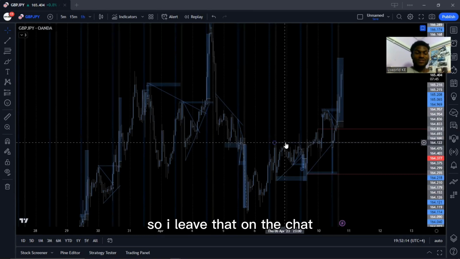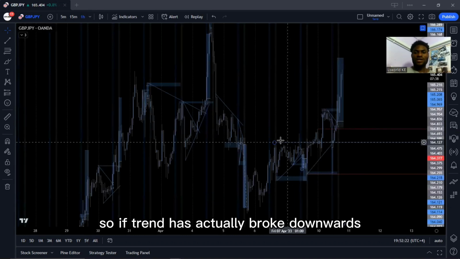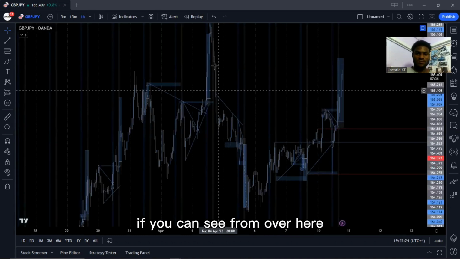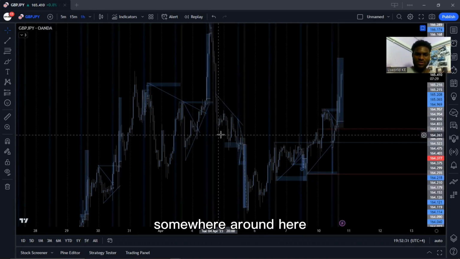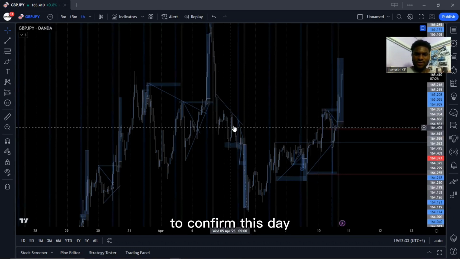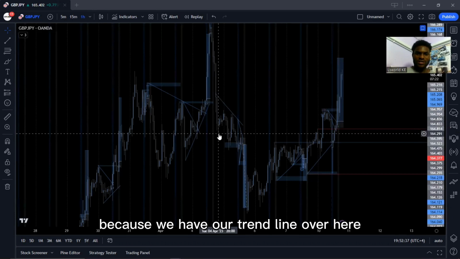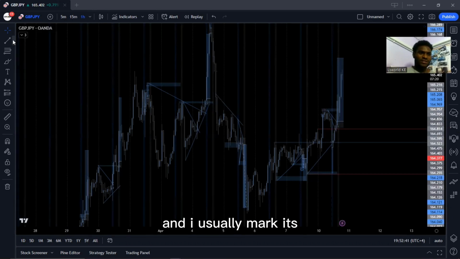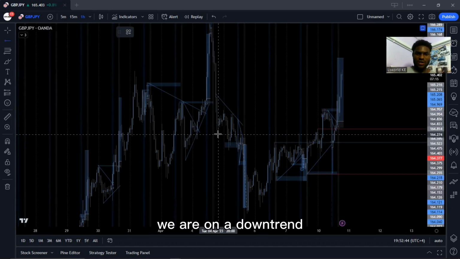So I leave that on the chart just to confirm which trend we are in, if we are bullish or if we are bearish. So if trend has broken downwards, as you can see from over here, I had a breakout structure line, the middle line, somewhere around here to confirm this day, which is Wednesday. So on Wednesday we're looking for sales because we have our trend line over here, and I usually mark it gray, so I know that here we are on a downtrend.